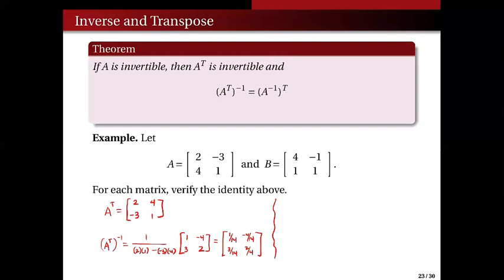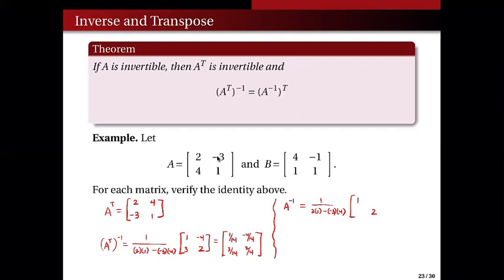Now, let's start with the A inverse. So you have A inverse here, and that's equal to, so this is our A, we still have 1 over 2 times 1 minus negative 3 times 4, that's still 14. But this time, you interchange 2 and 1, so we have 1, 2.